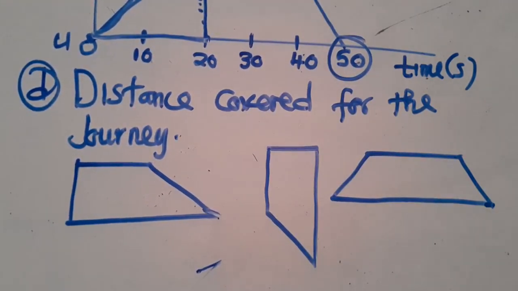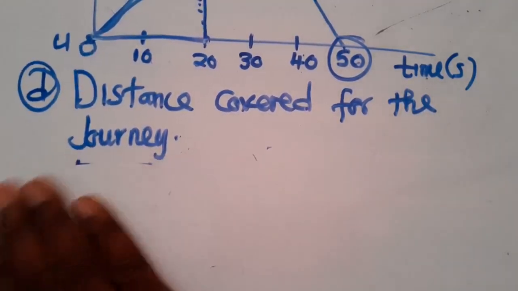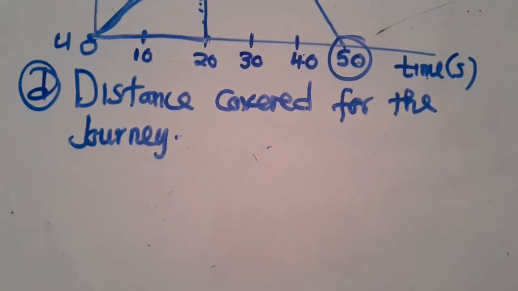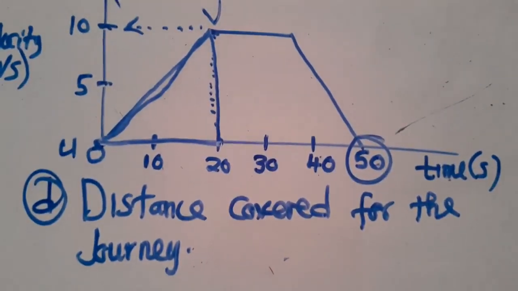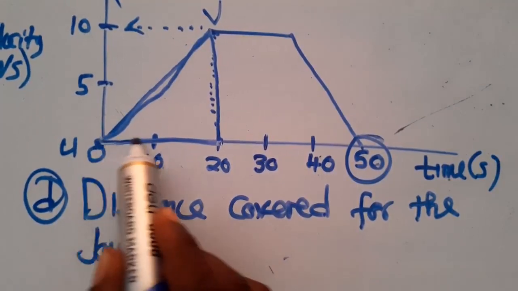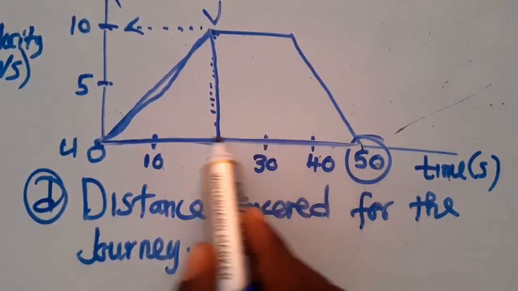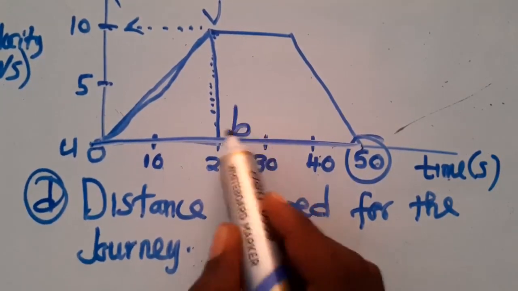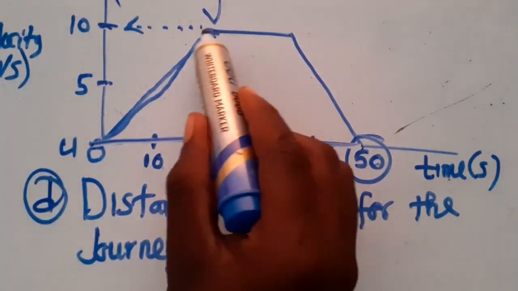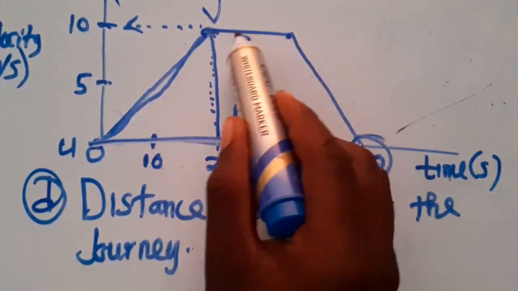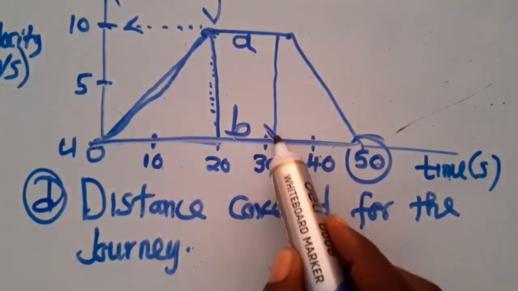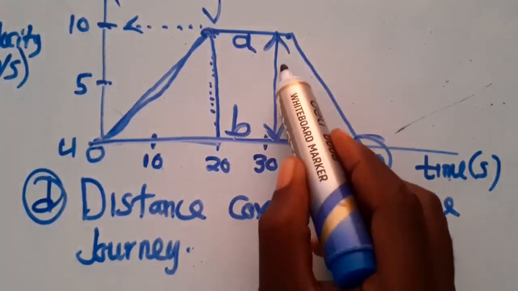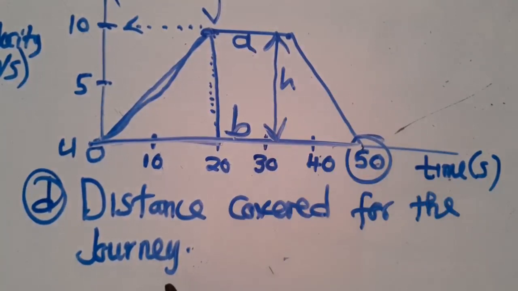So I'll just use the formula for a trapezium. Just one formula, then I answer it. How can I go about it? The longest distance here is my B. The short one, from there to there, is my A. Then this distance, from there up to there, is what I'm calling height.